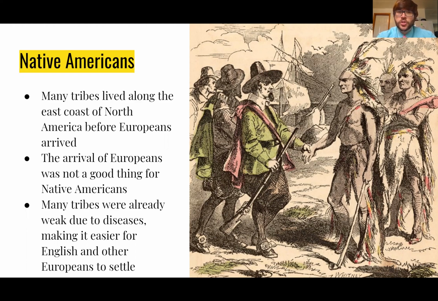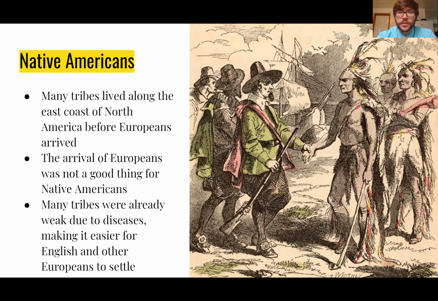When Europeans arrived in North America, most Native American tribes had been decimated by disease. All of the diseases that Europeans had been exposed to over time and built up immunities to, such as smallpox and measles, Native Americans had never experienced before. They were on a different continent and they didn't have any resistance to this.